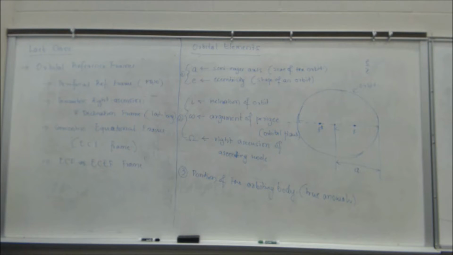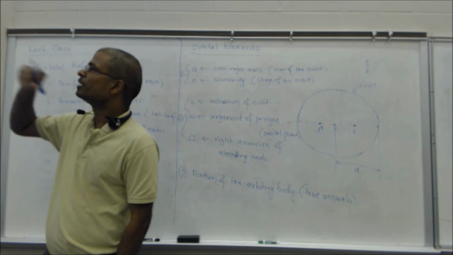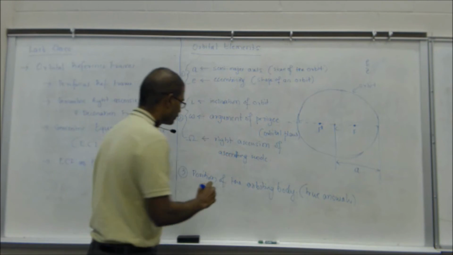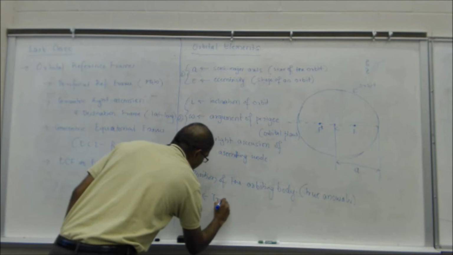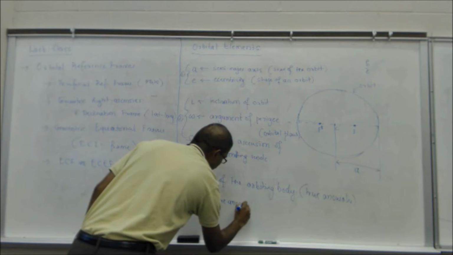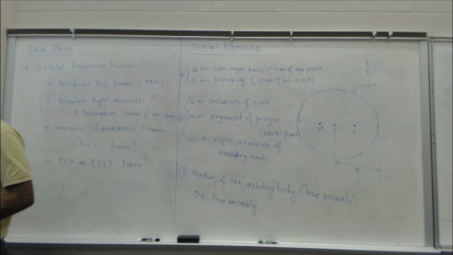This is the satellite position. The true anomaly is the angle between the perigee direction and the position of the orbiting body. Here they are using V naught, but what we are using is theta. Okay. So these are your orbital elements.